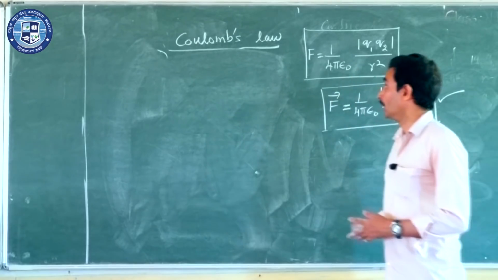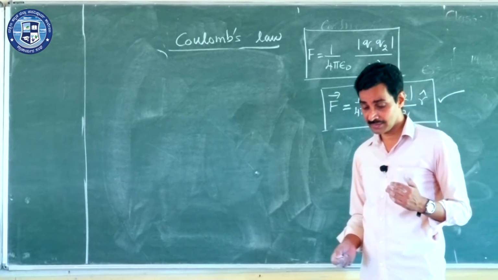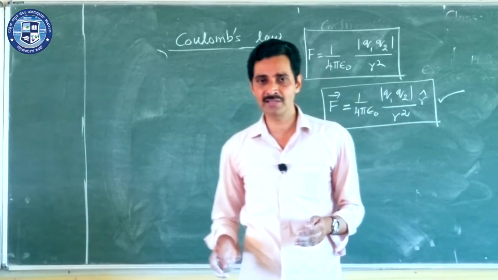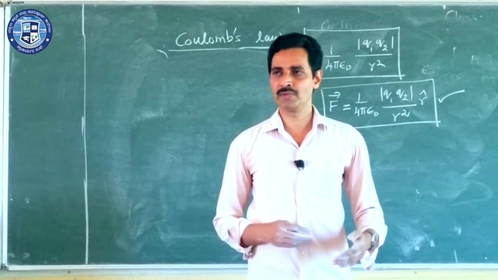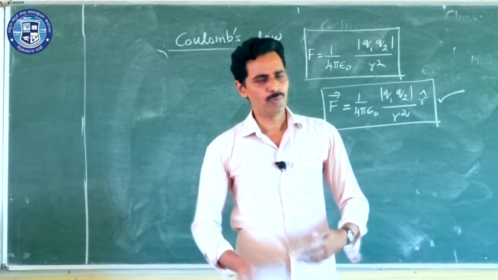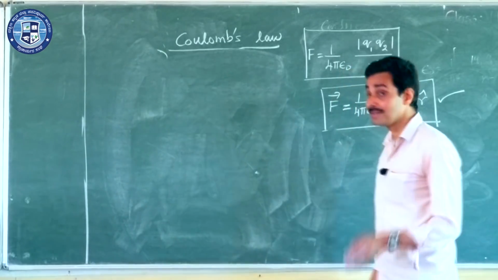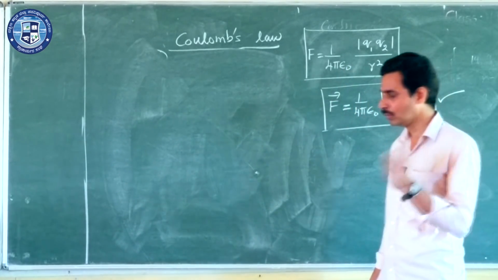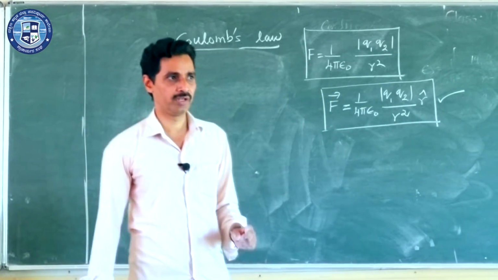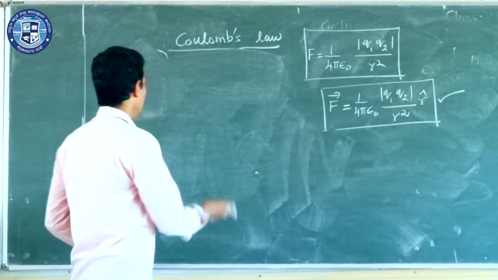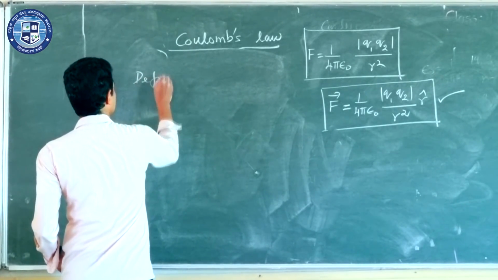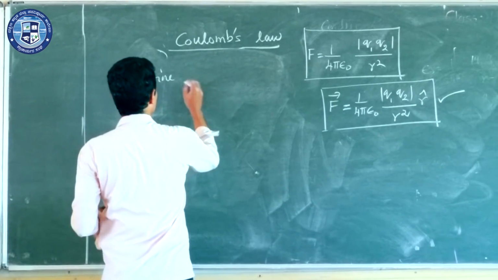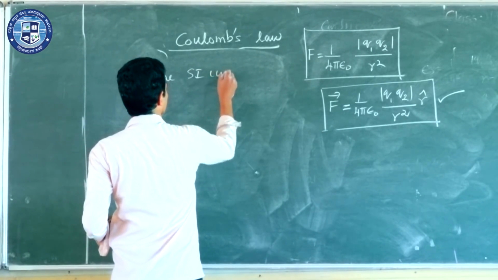And what is the minimum charge you can transfer from one body to another? That is the charge of an electron. What is the SI unit of charge? Coulomb, C-O-U-L-O-M-B, or 1 C only. Define SI unit of charge, this is a usual question.